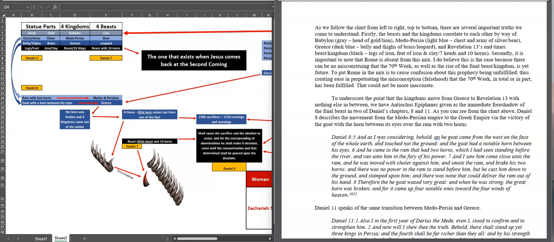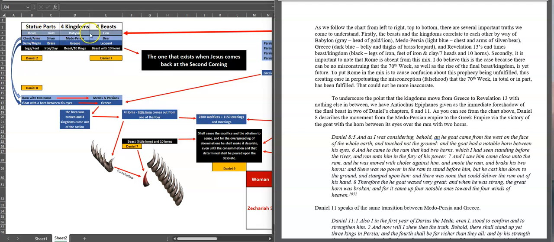So let's continue. As we follow the chart from left to right, top to bottom, so we're up here in this statue of kingdoms, of beasts, statue parts for kingdoms, for beasts, there are several important truths we come to understand. Firstly, the beasts and the kingdoms correlate to each other by way of Babylon.